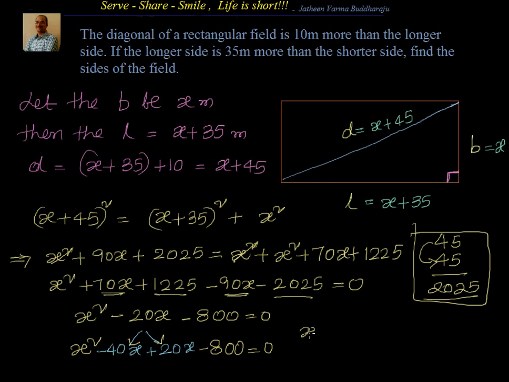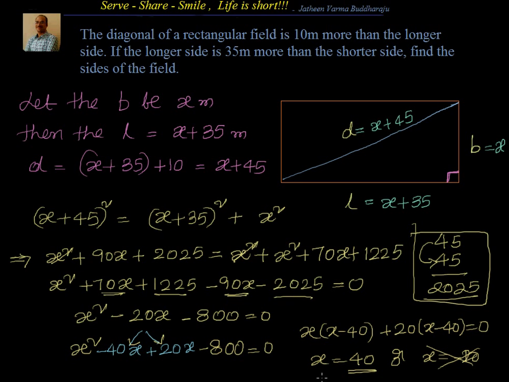If you simplify that, you will have x into (x minus 40) plus 20 into (x minus 40) equal to 0, so x equal to 40 or x equal to minus 20, which we will discard, as it cannot be negative. So x equal to 40.